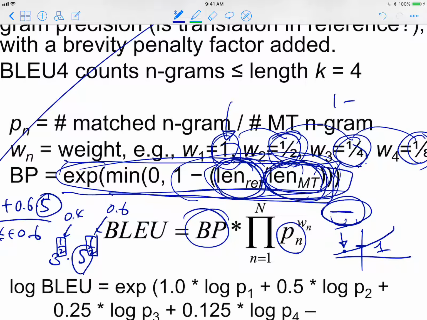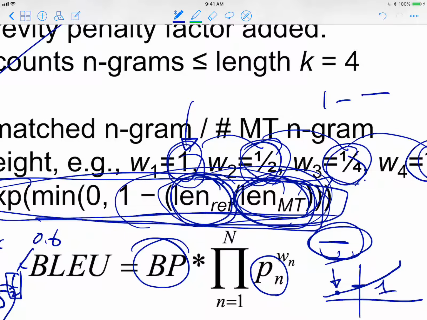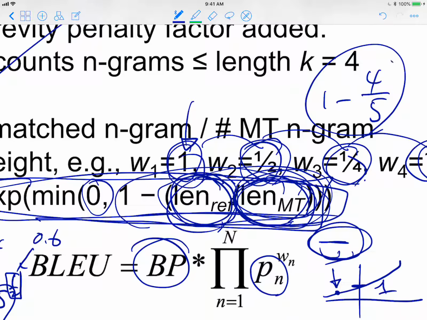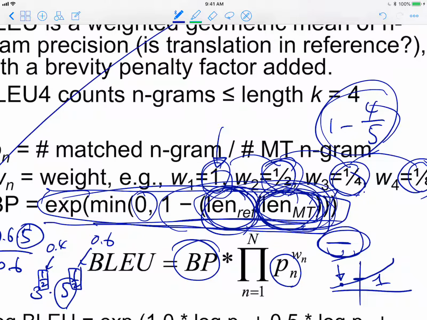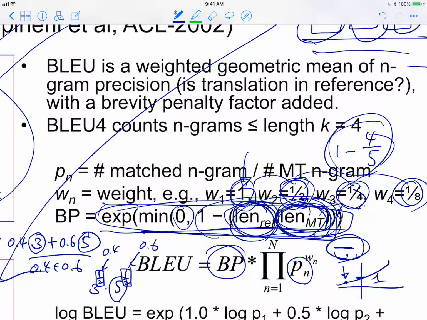Oh, sorry, I was thinking the opposite, wrongly. If our machine translation result has a sequence of 5, but the reference or ground truth has 4, then this will be a positive value, and thus the minimum between 0 and this positive value will give 0. Okay, and then we will boost up the precision values.